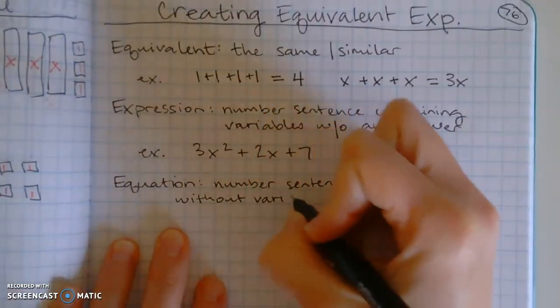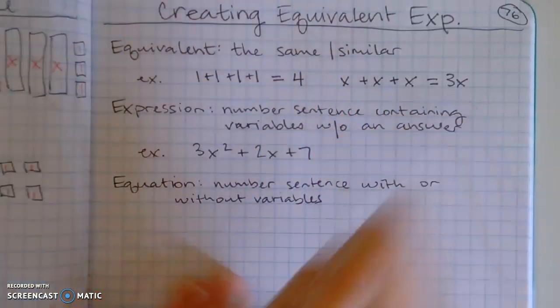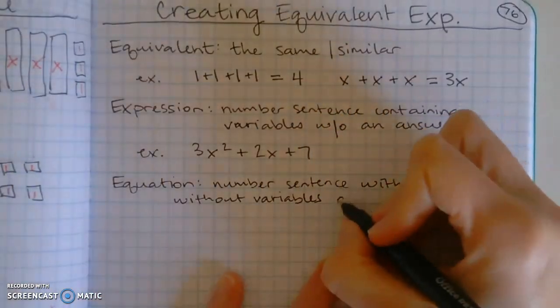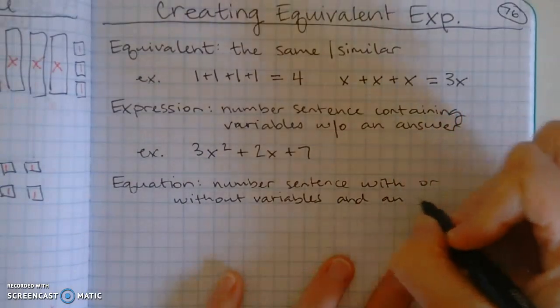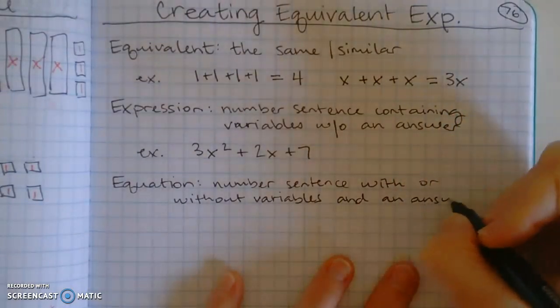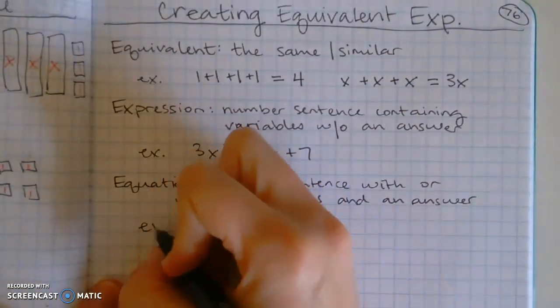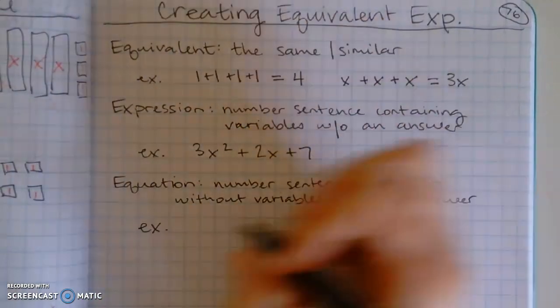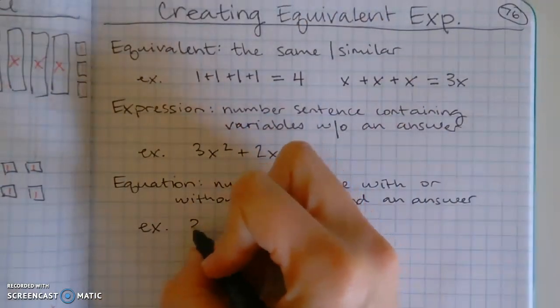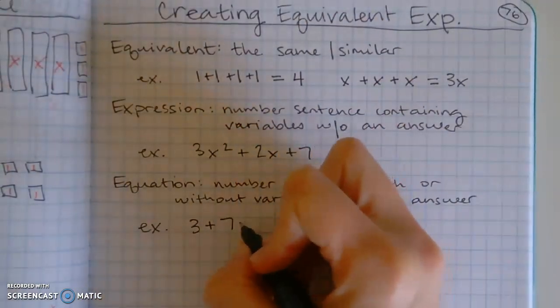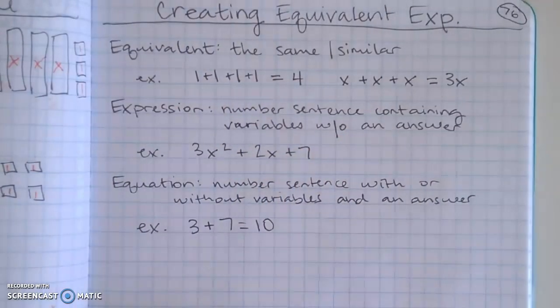It could have one or both, and an answer. My example for this would be 3 plus 7 equals 10.